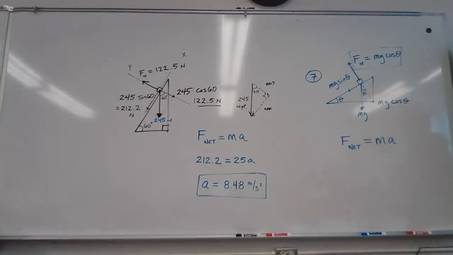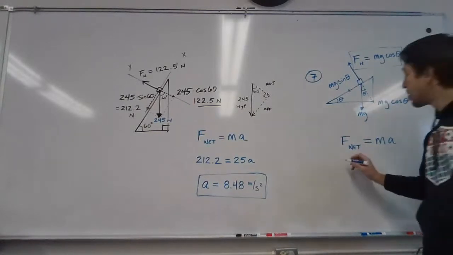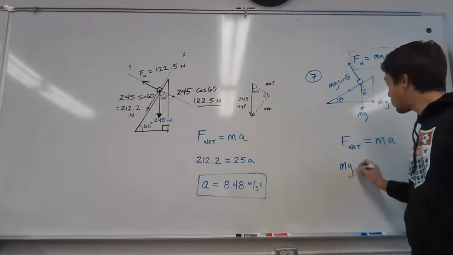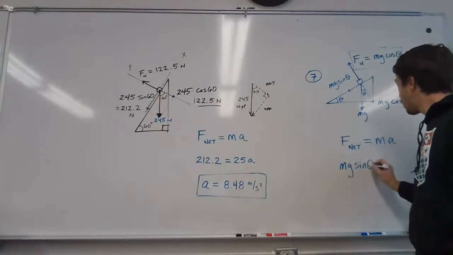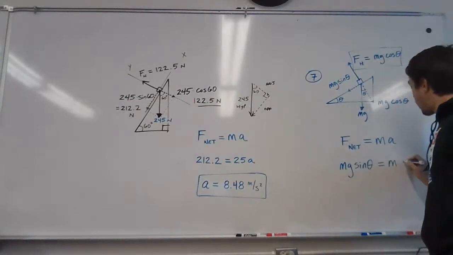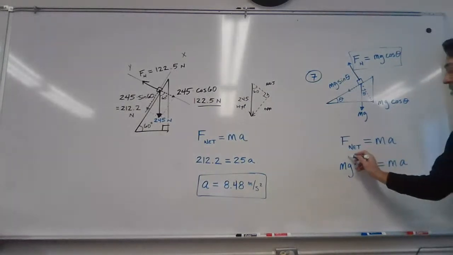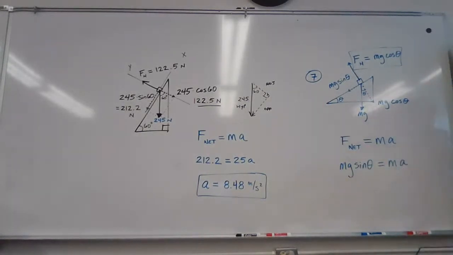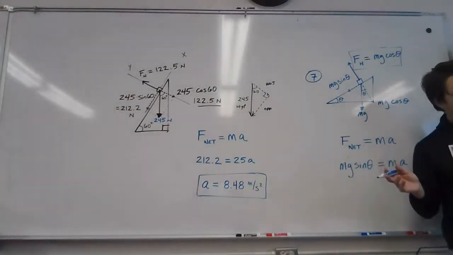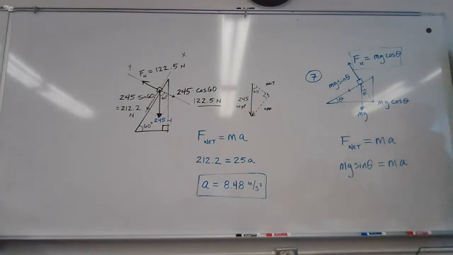Yes, because the net force is going to be mg sine theta. Now, a follow-up question: does the acceleration depend on the mass? No, it does not. So a 1 kilogram block versus a 5 kilogram block would have the exact same acceleration.